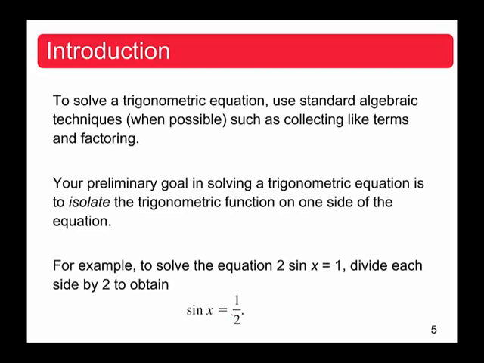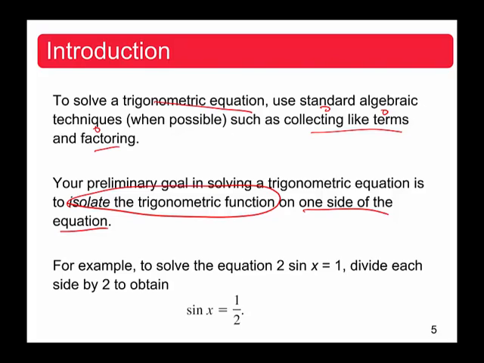First of all, to solve a trigonometric equation, we typically use standard algebraic techniques like combining like terms and factoring. Your main goal is to isolate the trigonometric function on one side of the equation and get all the constants to the other side.